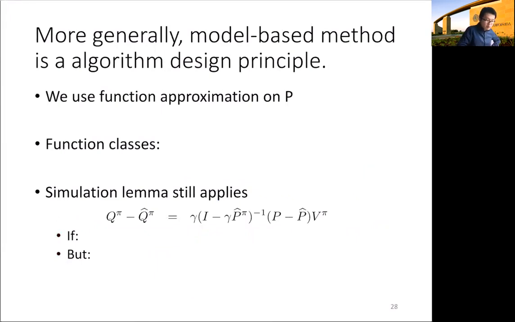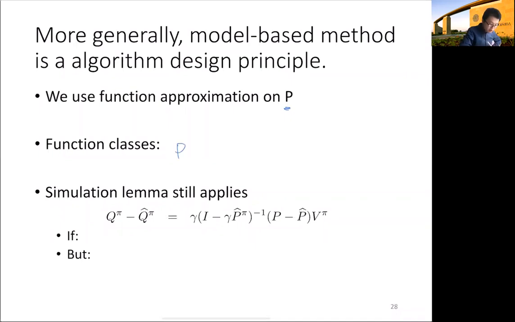More generally, I think this model-based method is an algorithm design principle that's independent of how we collect the data. Once we have this data, the question in mind is that we want to come up with an approximation of the dynamics P, the transition kernel P, and say we can use function classes.